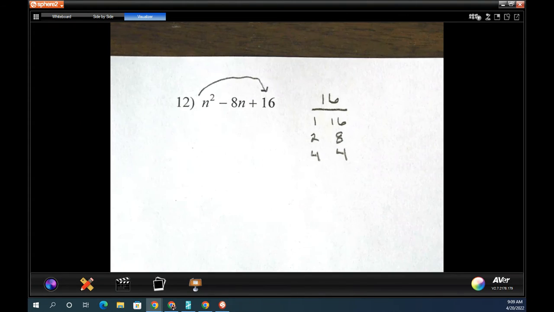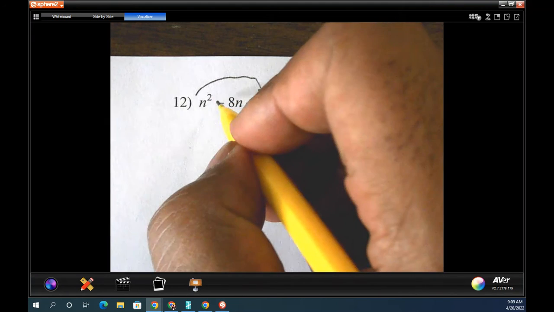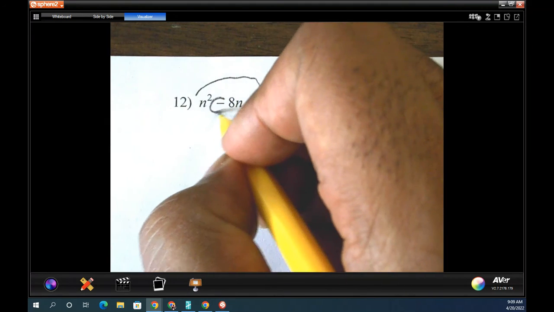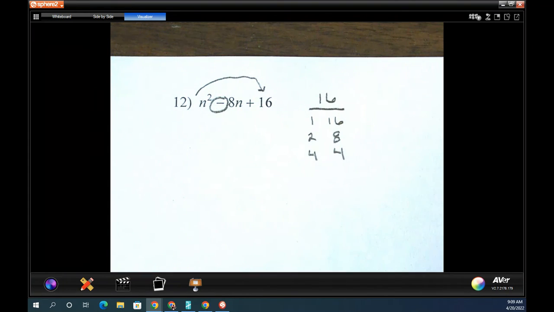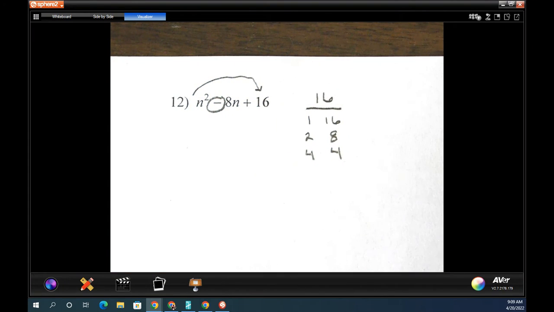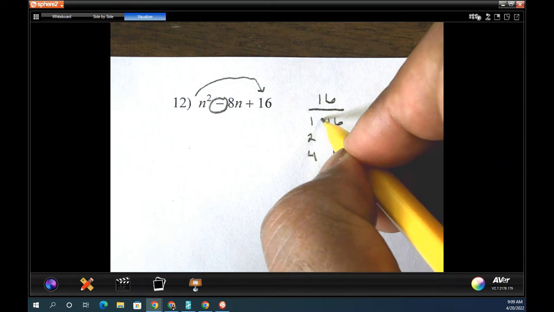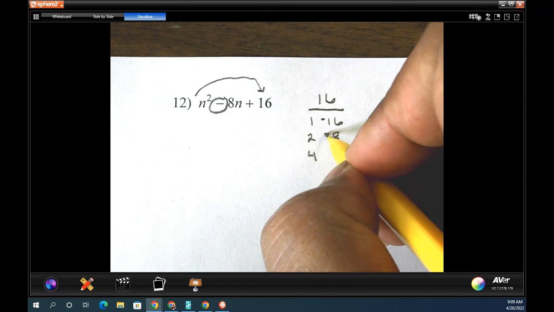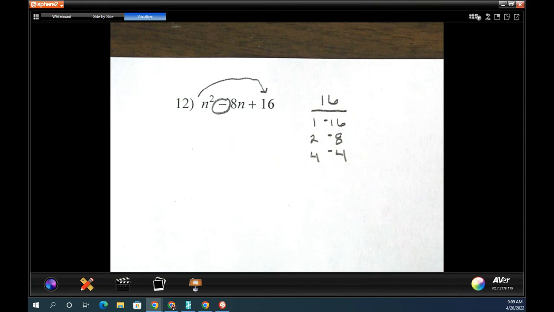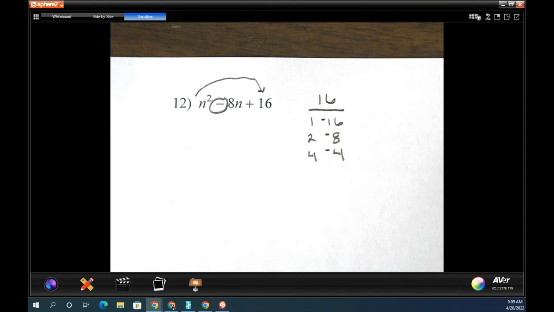Those are your factors. Now, this sign, the first one always tells you what the larger factors are going to be. So we have to make the larger ones negative. Just like that. We make the larger ones negative.